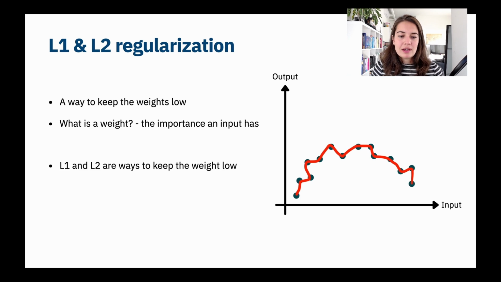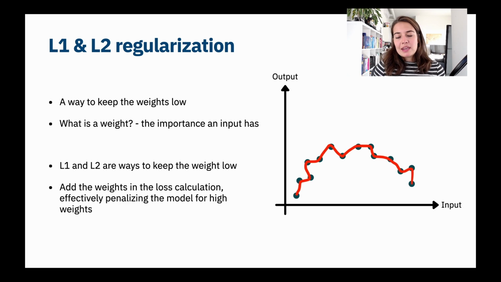So let's see how we do that. The general idea, the intuition, is that we have the loss function, right? That's how we update our model. We make predictions, and then we have the actual values. Based on the loss function, we are able to calculate the error. Based on that error, the model is updated. L1 and L2 regularization work by adding the weights to this loss function.